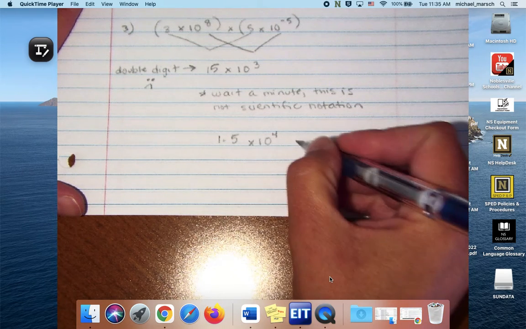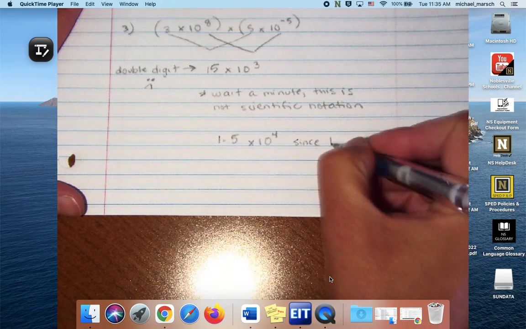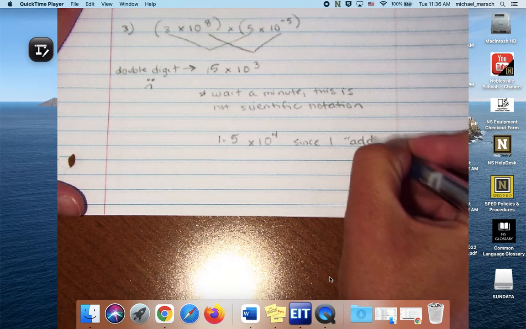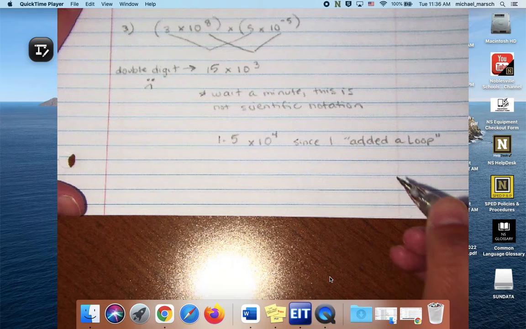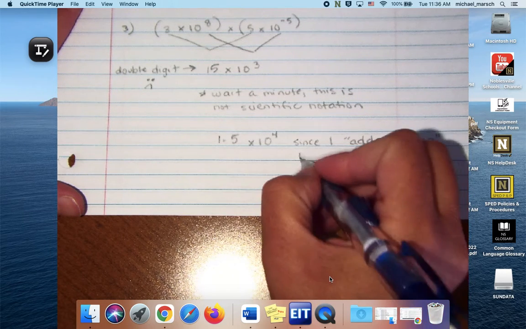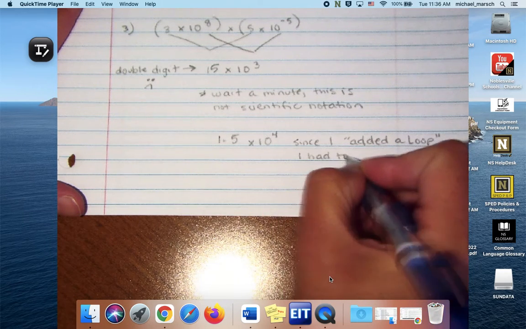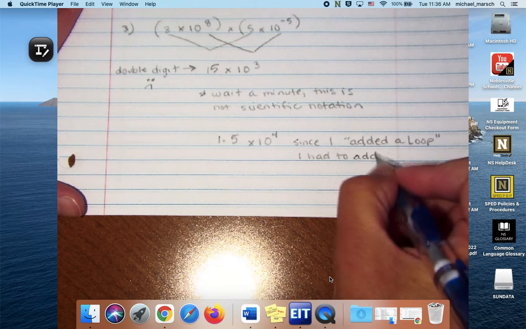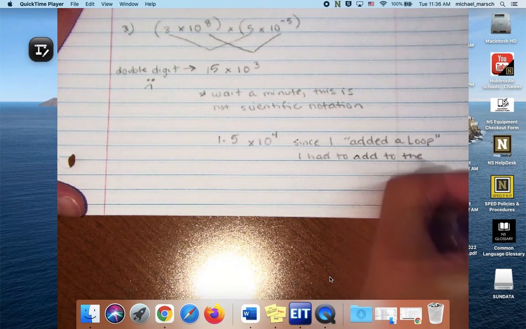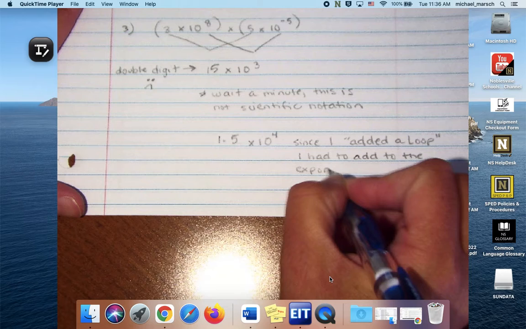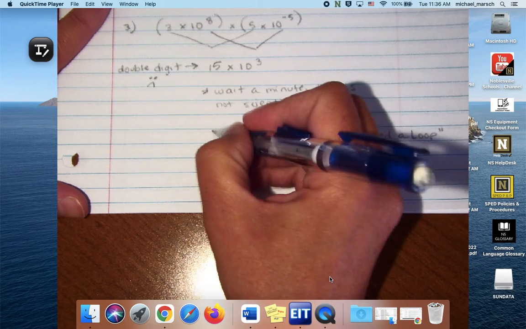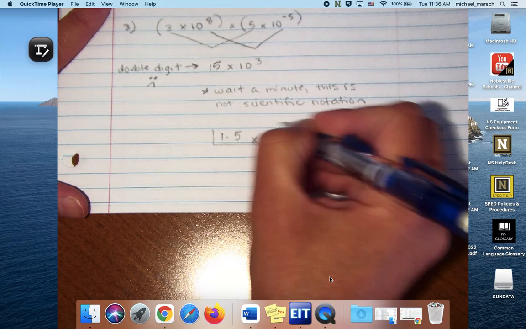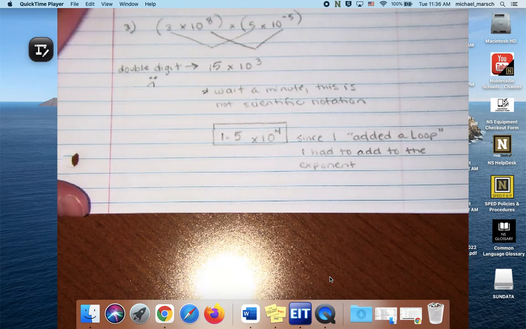Since I added a loop, I had to add to the exponent. So you have to adjust accordingly. If you have to move the decimal, your exponent also would change.